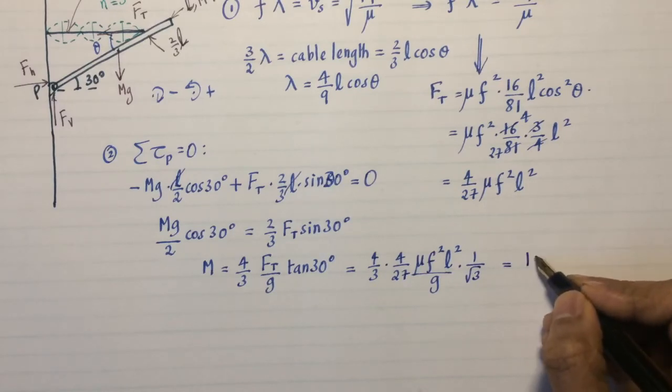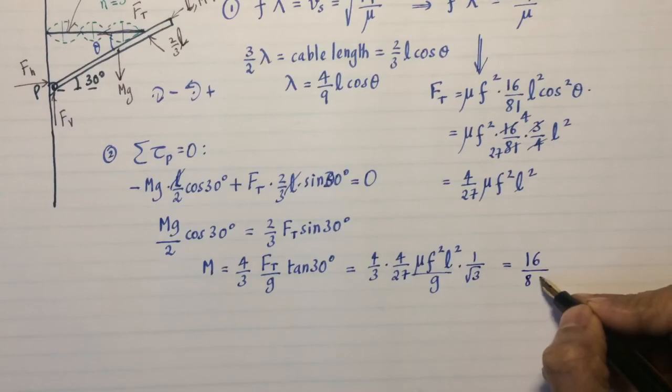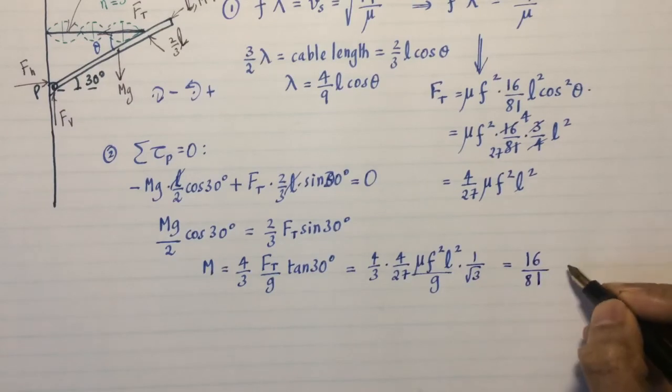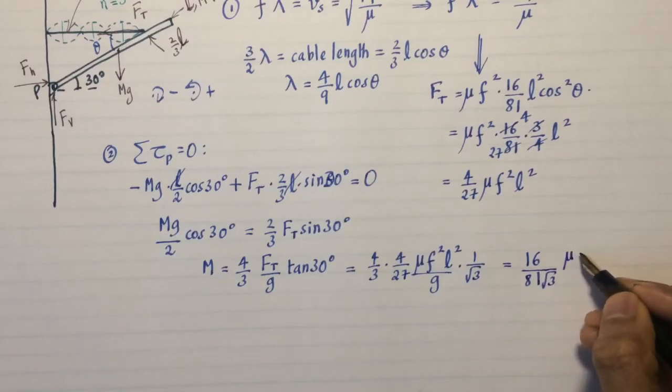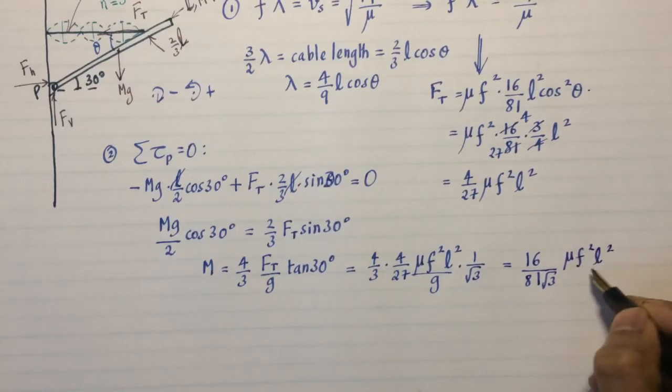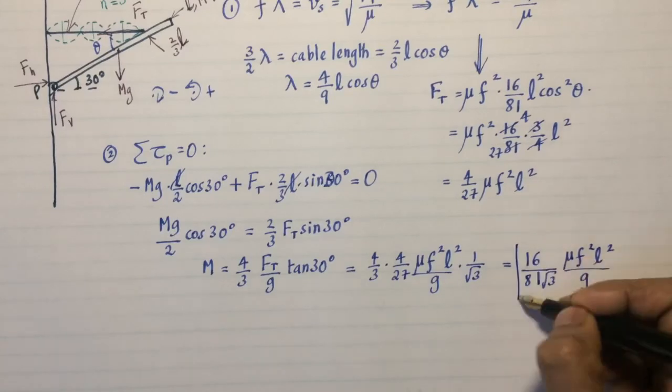So that's 16 over 81 √3 mu F squared L squared over g. Pretty impressive.